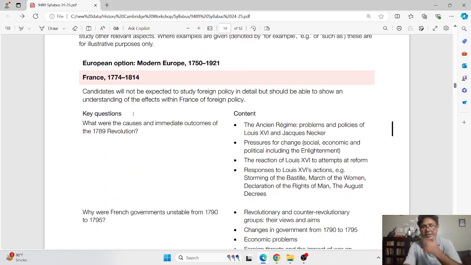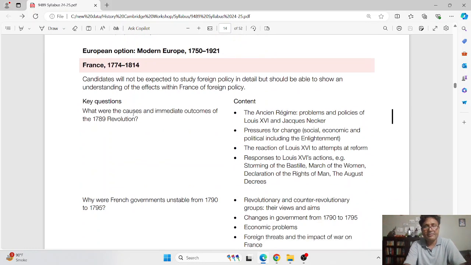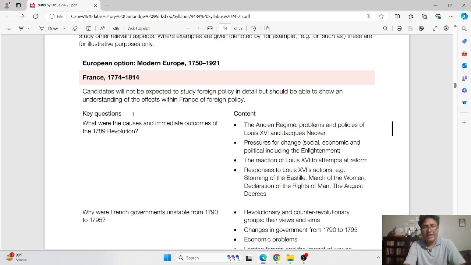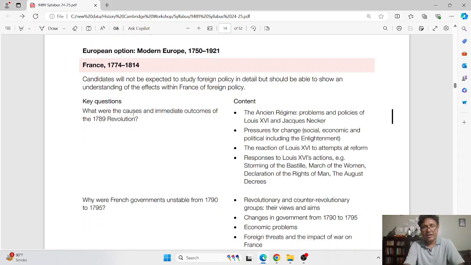we can discuss the syllabus in some detail now. We have 3 options, as I have told you before. The European option. Under this option we have the topic France 1774 to 1814, and under this topic we have 4 key questions. As you can see, this is one option.